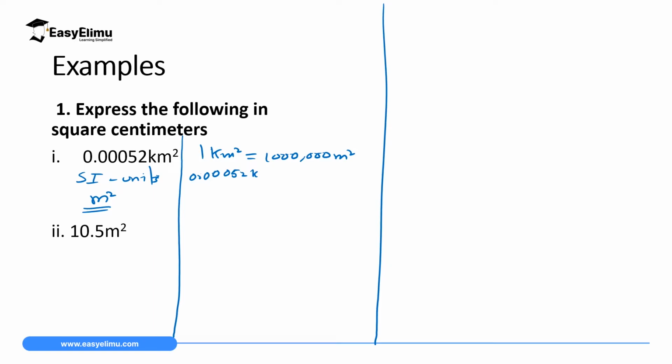Now if we have been given 0.00052 square kilometer, how many square meters will be there? If we multiply, we get 0.00052 square kilometer times 1 million square meter over 1 square kilometer. Then square kilometer cancels out with square kilometer, which means our answer will remain in square meter.